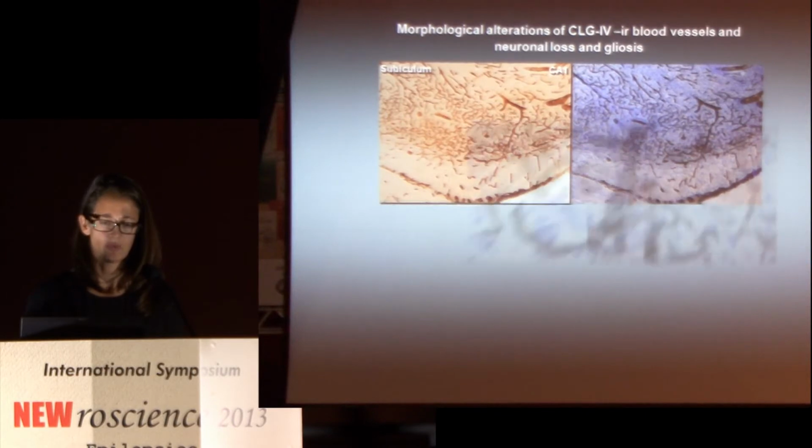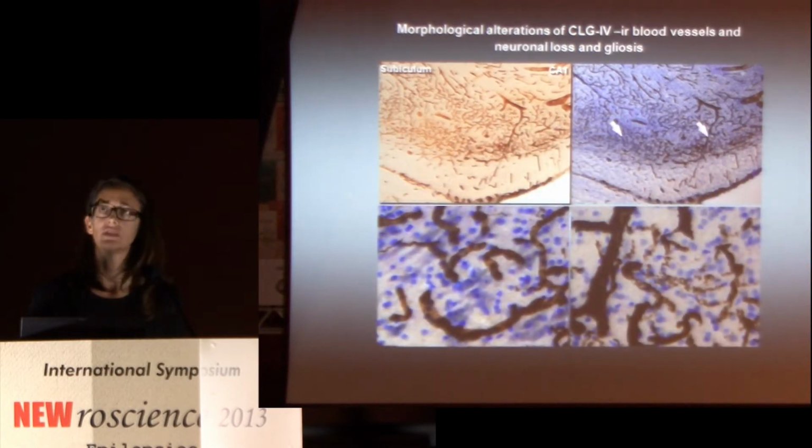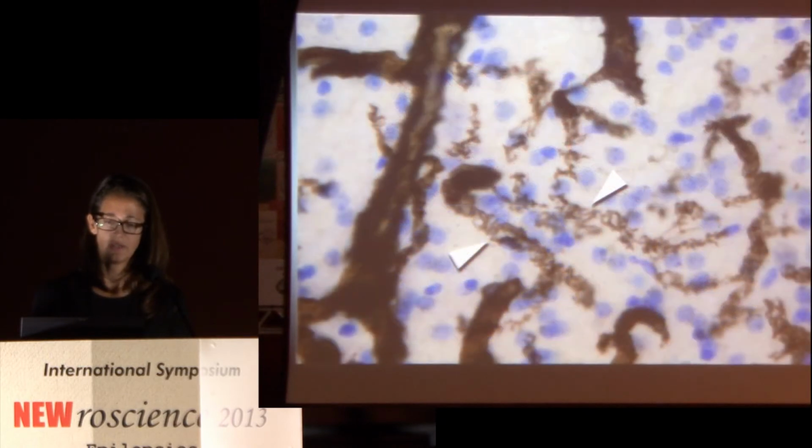So we examined this part of the sclerotic tissue. These alterations were found in the sclerotic CA1, mostly in those regions in which there was massive neuronal loss and gliosis. And as we can see here at higher magnification, there were a lot of elements positive for collagen 4, but they were abnormal structures.